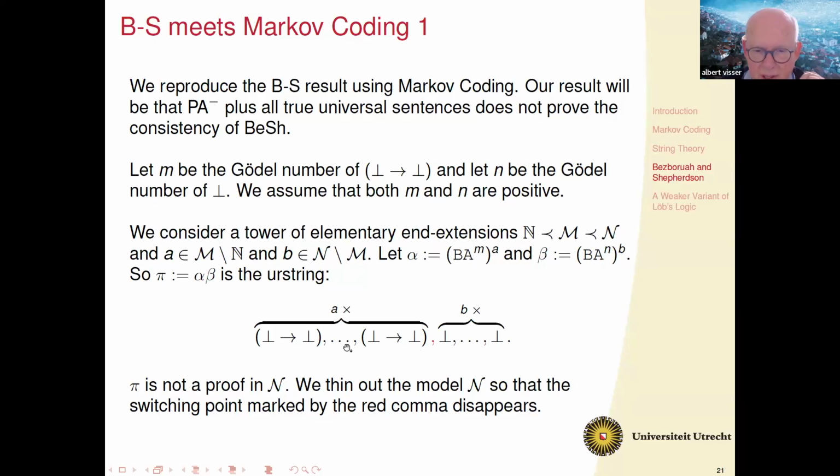And so this gives us this object in the non-standard model. This is supposed to be the Ur-string that we want.